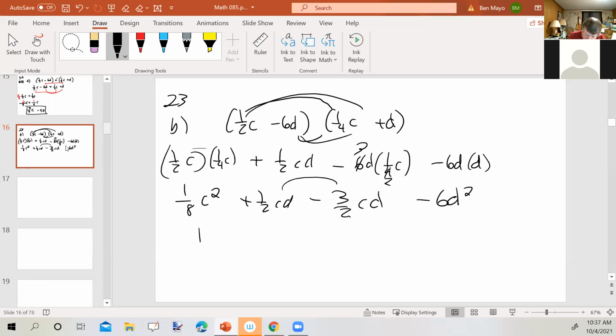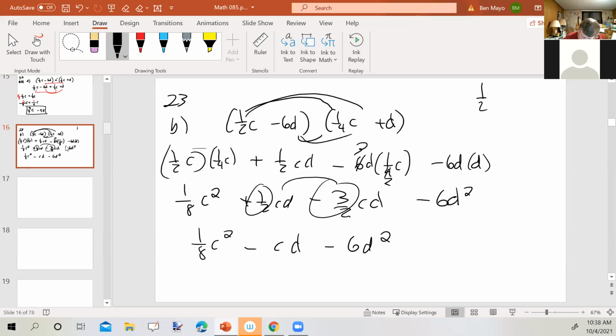Combining like terms, 1/8 C squared plus 1/2 CD minus 3/2 CD would be plus 2/2 CD, wouldn't be plus 2/2, it'd be minus 2/2, right? Because we've got a half minus 3/2. So that's minus 2/2 CD, which is minus 1 CD, which is minus CD, and then minus 6D squared.